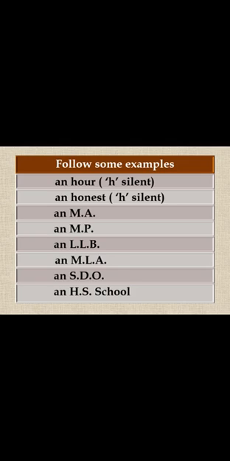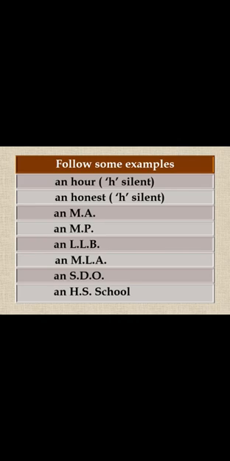An MA, M: if we say M, then A comes first. The sound A comes first. An MP, when we say M, then the sound A comes first. An LLB, when we pronounce L, then the sound A comes first. That's why AN.